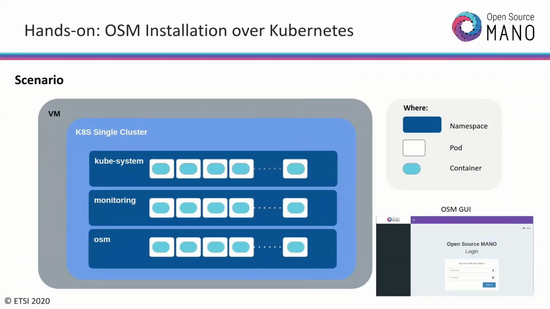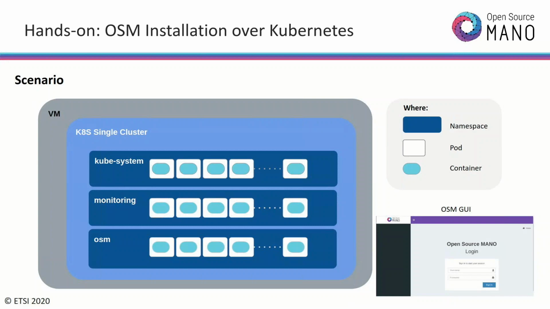Here, we will deploy OSM in a single host running a single Kubernetes cluster, as shown in the diagram. You will install OSM over Kubernetes in the virtual machine that is already created in your tenant.